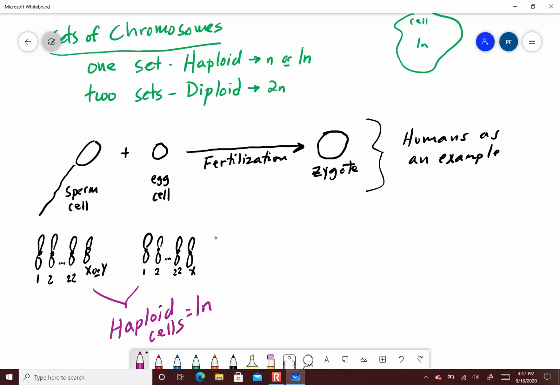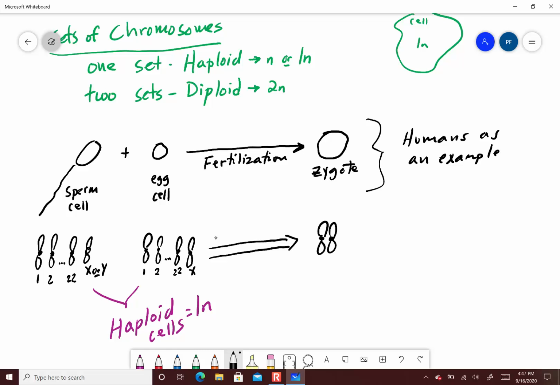Right? And then to form the zygote, one of the things that happens with fertilization is we take all of these chromosomes and kind of put them together into one cell. So the zygote has all of those things.